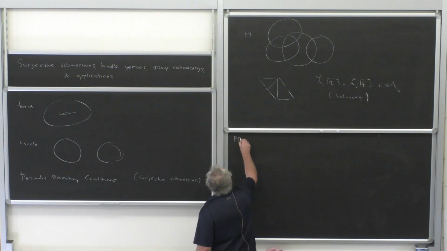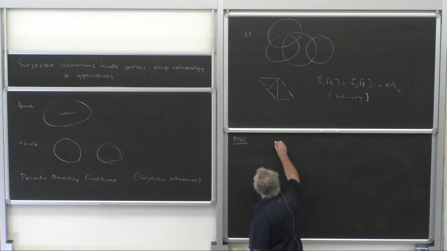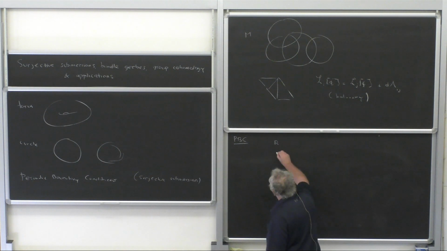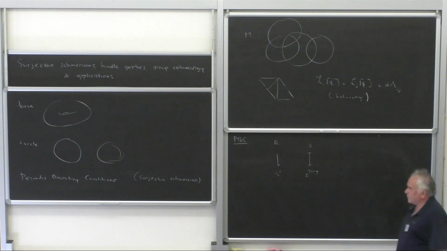Periodic boundary conditions for the circle: if I look at a function on the circle, I think of it as a function on R, where R lives over the circle by the map y maps to e to the power 2 pi i y. I think of the circle as the unit circle in the complex plane.